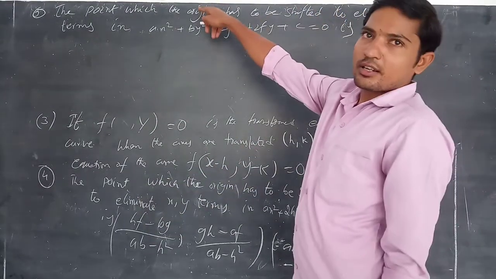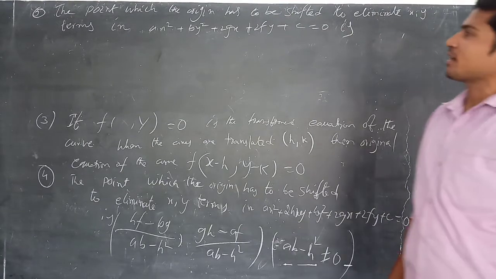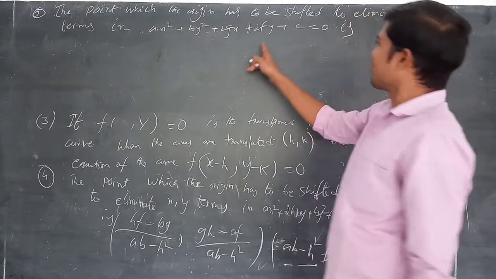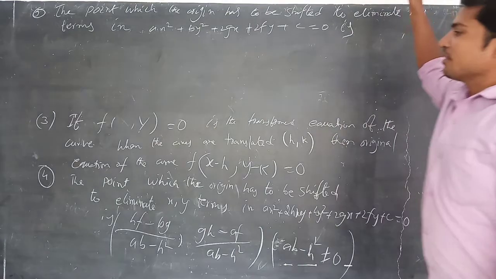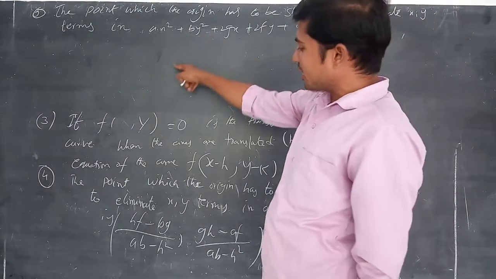The point to which the origin has to be shifted to eliminate the x, y terms in ax² + by² + 2gx + 2fy + c = 0.